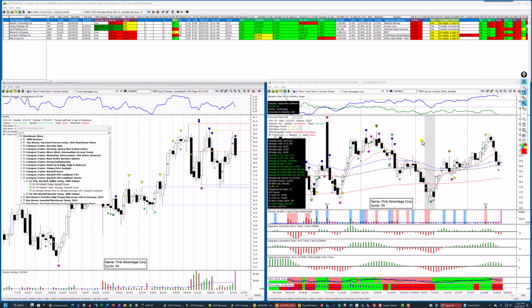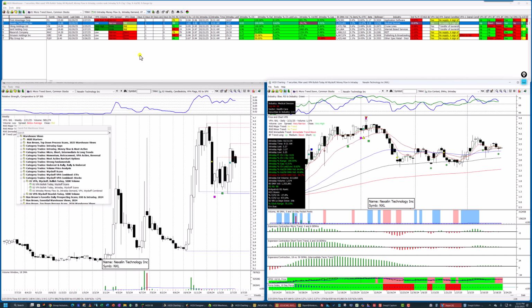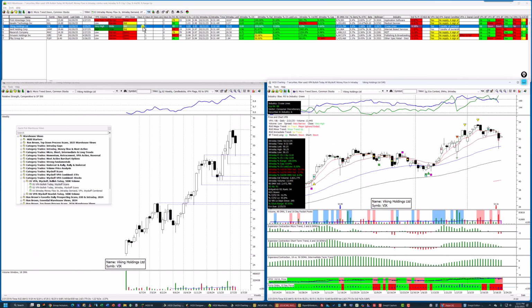Let's just run through a few of these here. This hasn't been a powerful trend because these histograms are not very high. I wouldn't spend much time with that one. How about Viking Holdings? This had a nice trend going up. You can see here with the histograms.